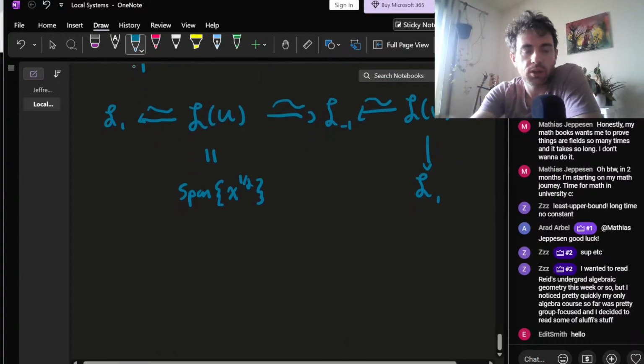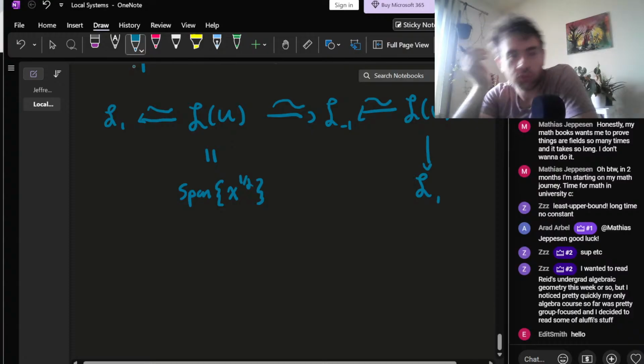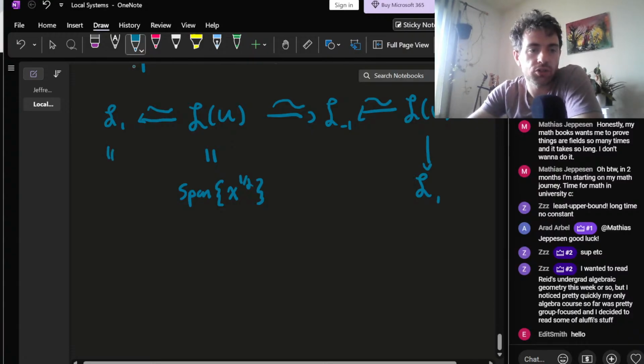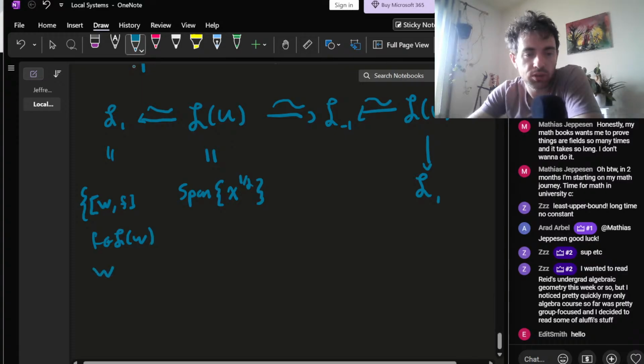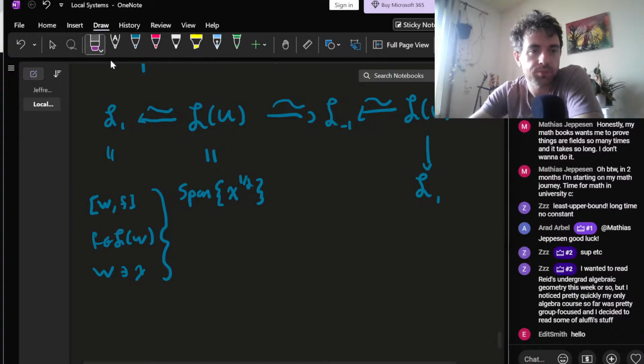And our stalk, right? This is all pairs W, F, where F is in L of W, and W contains X.